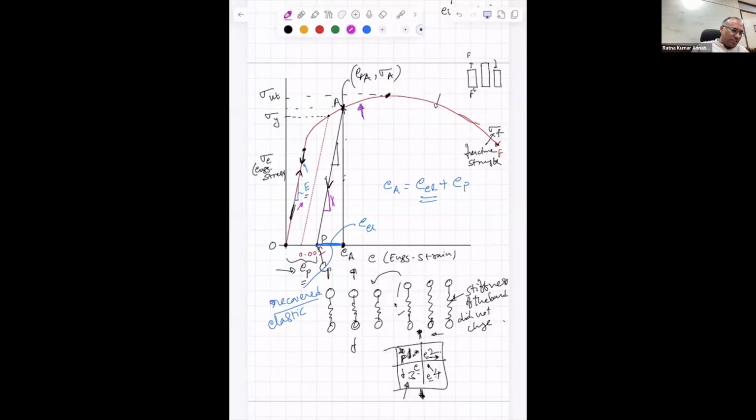Hence, it is better to load the specimen up to some value and then unload it, and measure the slope of that line. That will be your elastic modulus. Is that point clear? Yes, sir. Any questions here?